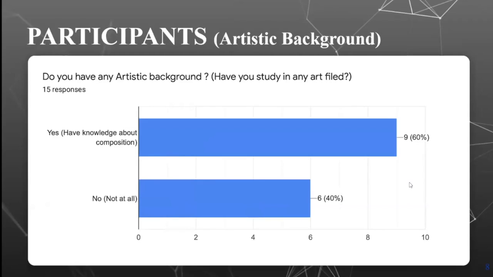In the questionnaire that we designed for our participants, we asked them about their artistic background. This graph shows that 9 of them have knowledge about composition, an artistic background, and 6 of them not at all.